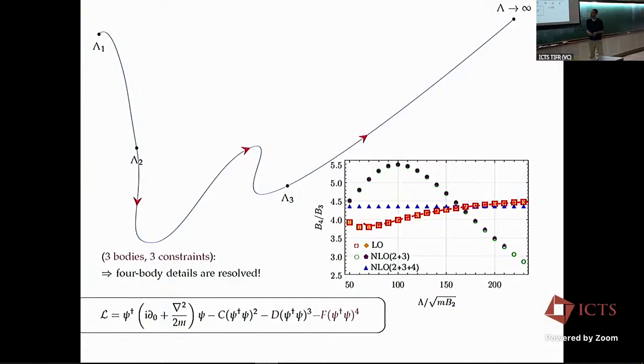By construction, I mean that we renormalized F here to the tetramer binding energy, and therefore it's constant. And you then need to apply that to a different observable to test whether what you've done makes sense.